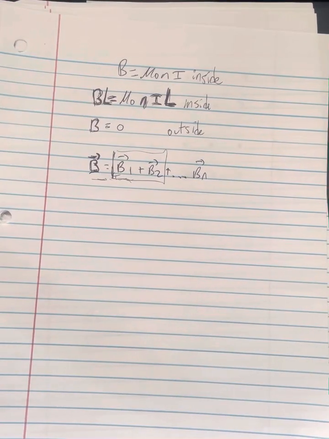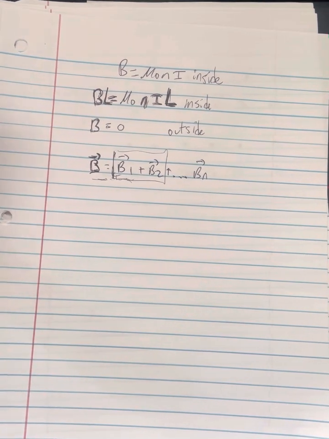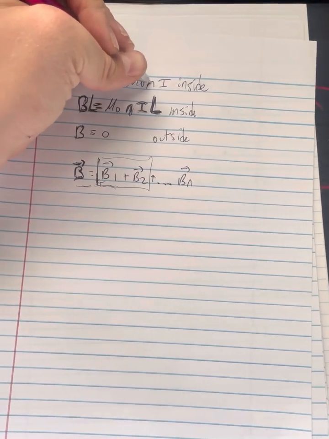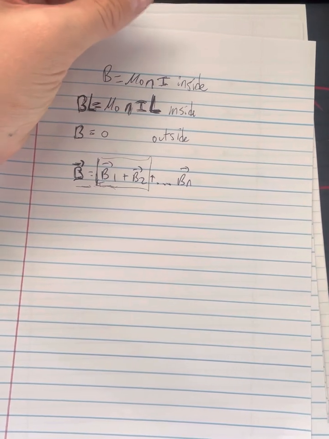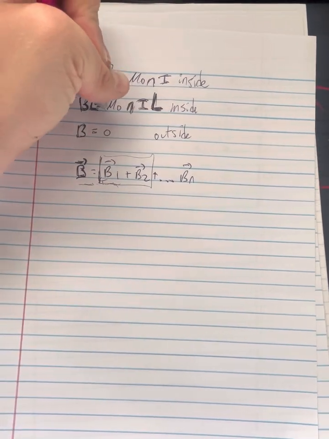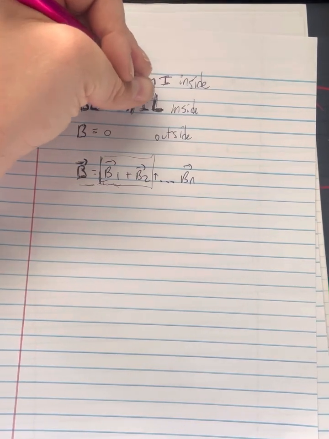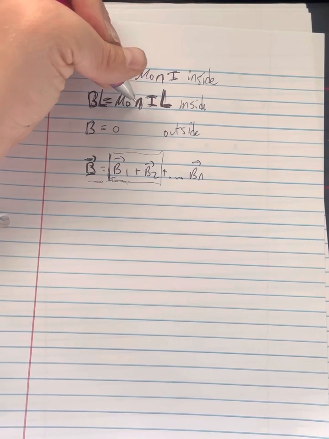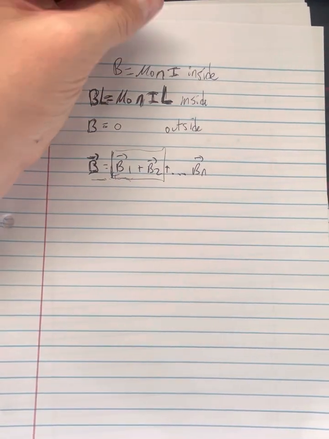For the magnetic field of a solenoid, the magnetic field is mu naught times N times I. If we were to run a square Amperian loop through this, we would get BL is equal to mu naught N I times L on the inside.